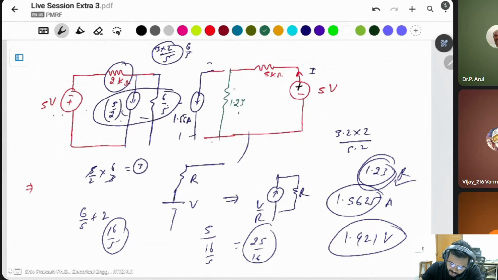Then once again, if you want to change this one, the voltage source is 1.921 and the resistance is the same, 1.23.